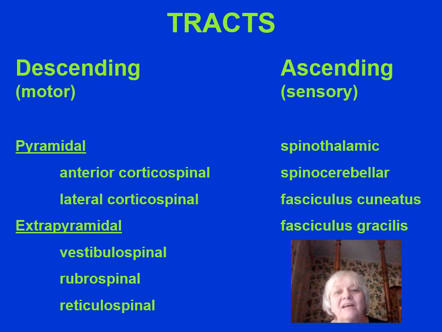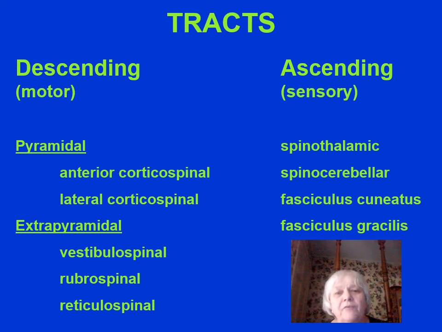Rubrospinal tracts come from the red nucleus. As you know, rubro means red. And we're going to look at that one here in just a moment. And then reticulospinal tracts are ones that are going to be associated with your reticular activating system. And these are mainly involved in controlling the amount of muscle tone that you have on your muscles.